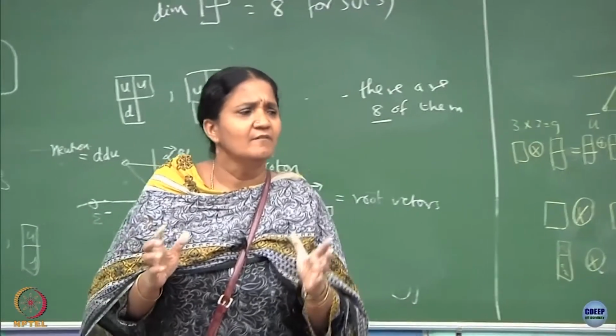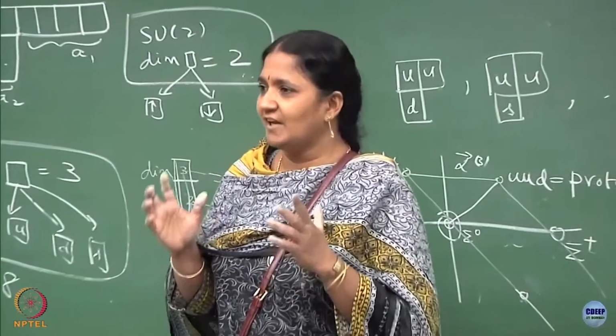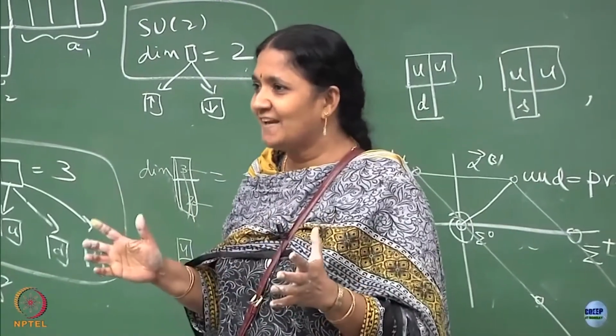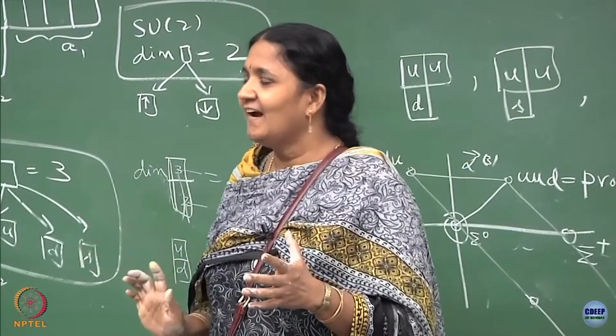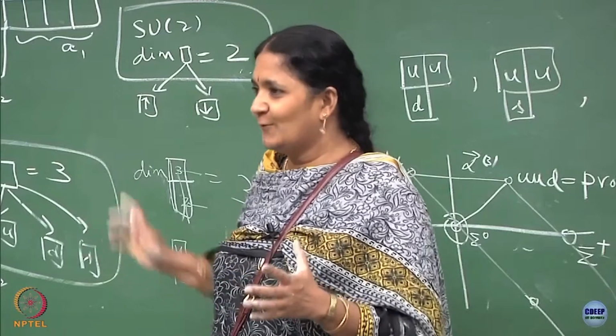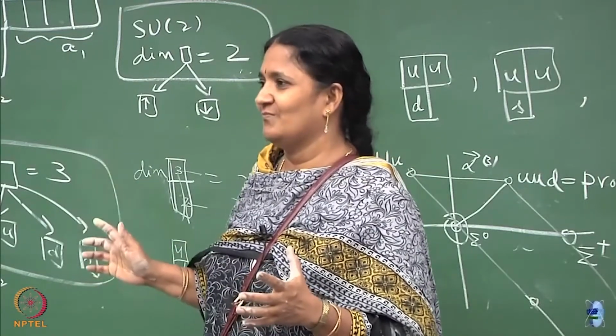I remember when you did C3V or C4V, if you took a 2-dimensional irrep, E cross E is a 4-dimensional reducible representation, and then you broke it up into A1 plus A2 plus E, which is also 4 dimensions total, but it is 1 plus 1 plus 2, right.